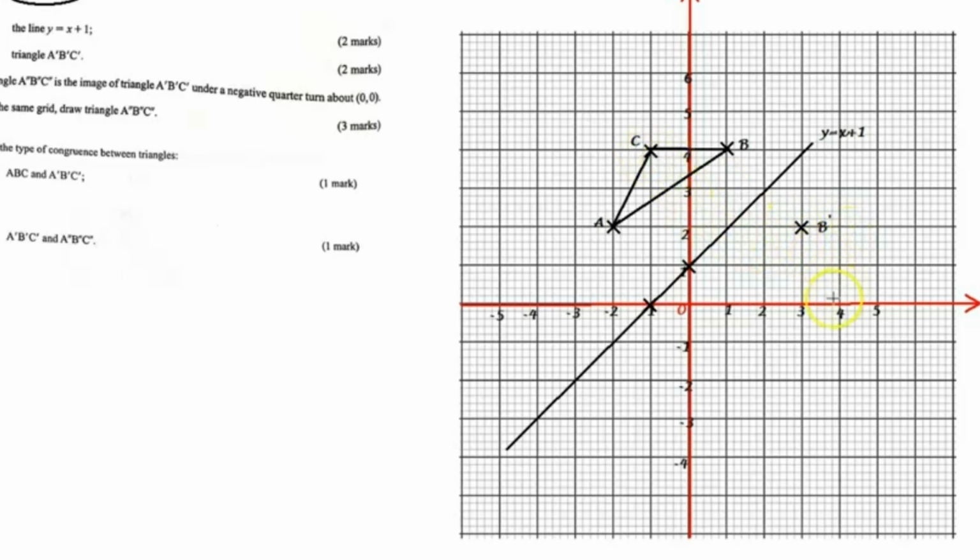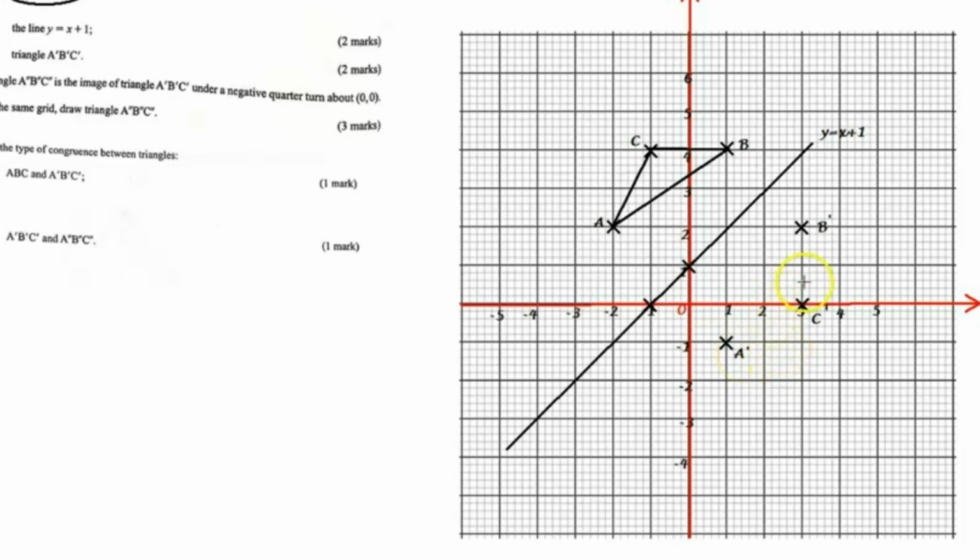Then C will be mapped to (3, 0). So we have C prime. Then A will be mapped onto (1, -1), so that's where A will be mapped into.